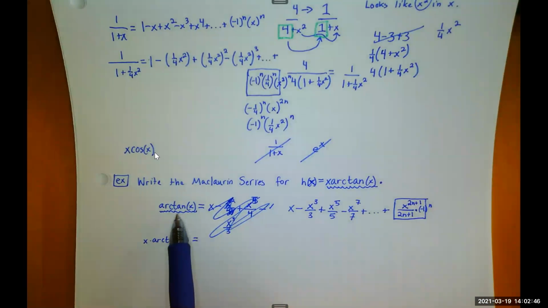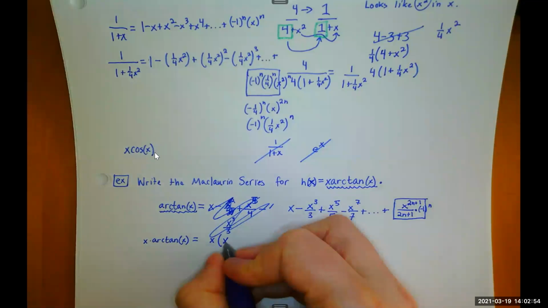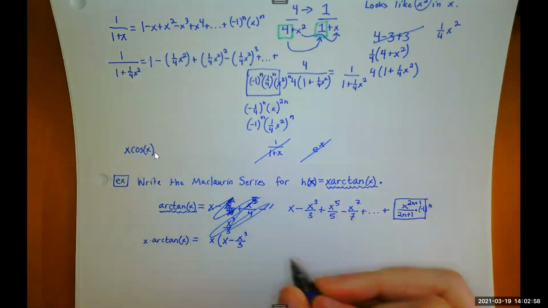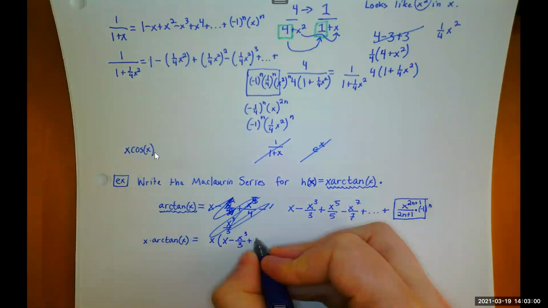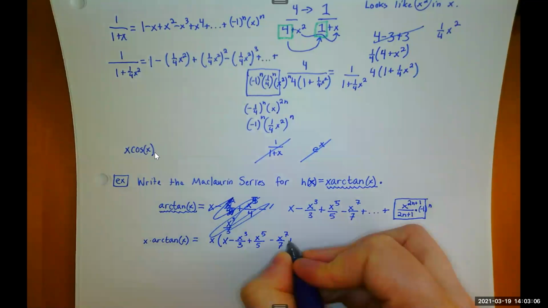Well, we can also multiply by x. So what do I mean? I mean we are literally multiplying the entire series x minus x cubed divided by 3 plus x to the 5th divided by 5 minus x to the 7th divided by 7.